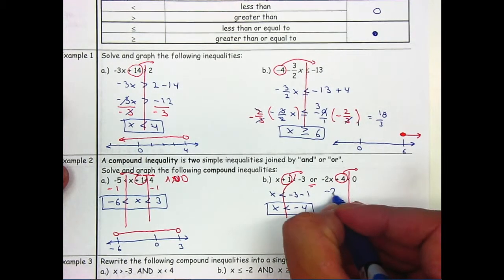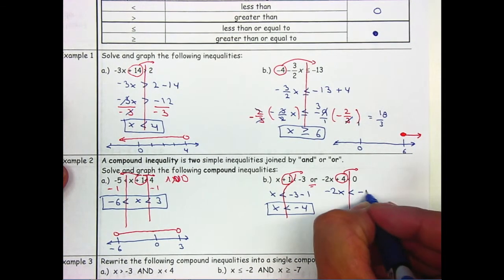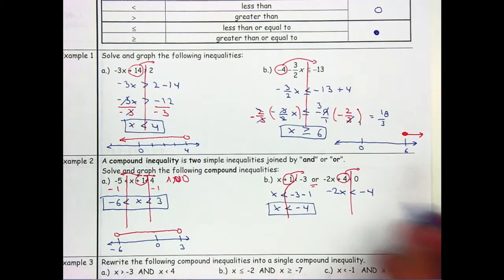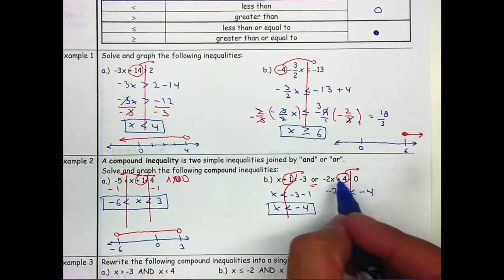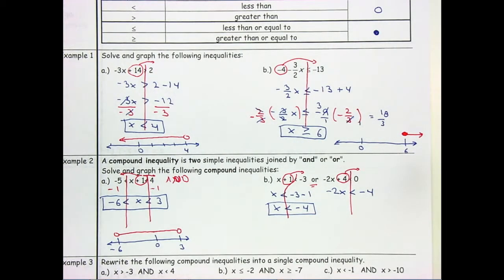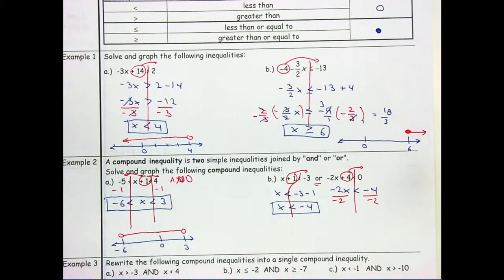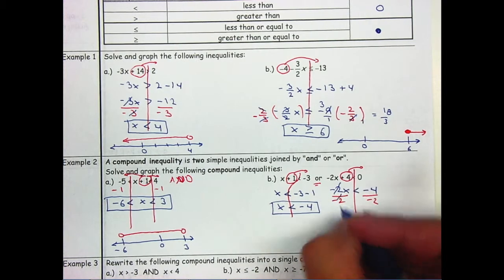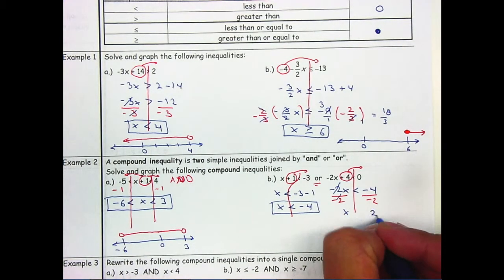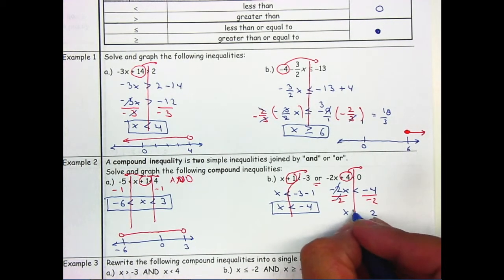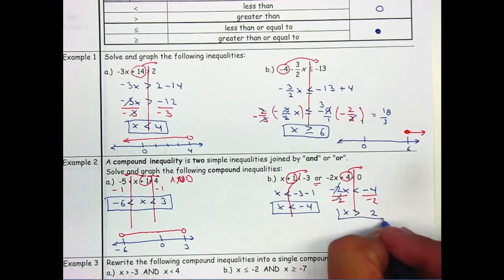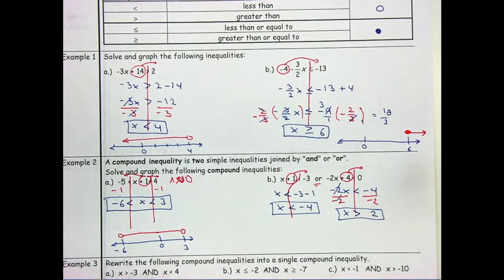We have negative 2x is less than negative 4. I'm going to divide by negative 2. So I have x greater than 2. Remember, when you divide by a negative number, you have to flip the inequality. And in between, there should be the word or.